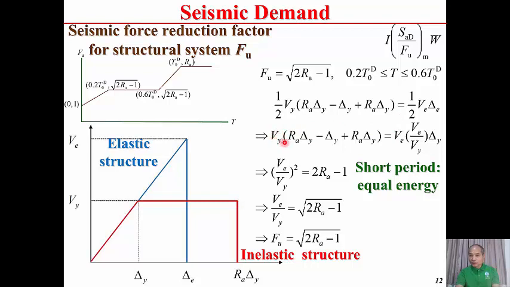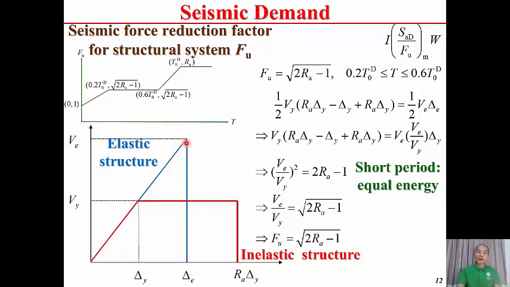We move delta Y to the left hand side of the equation and Vy to the right hand side of the equation. Then we have (Ve divided by Vy) squared equal to 2Ra minus 1. Therefore, Ve divided by Vy equals the square root of 2Ra minus 1.